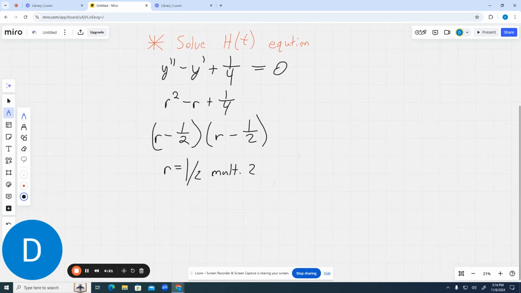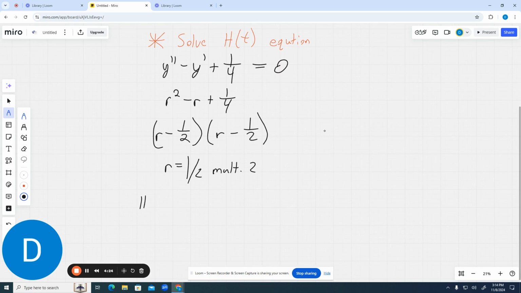And so our h of t here is equal to c1 e to the 1/2 t plus c2 e to the 1/2 t. This is just the standard format for solving homogeneous equations.